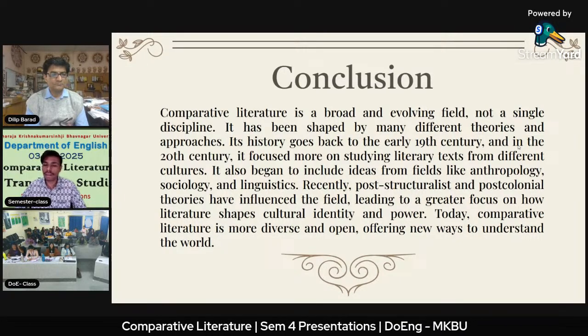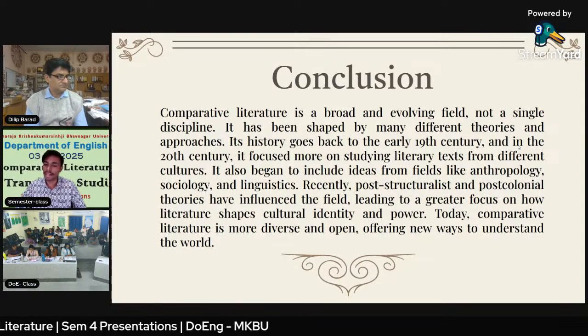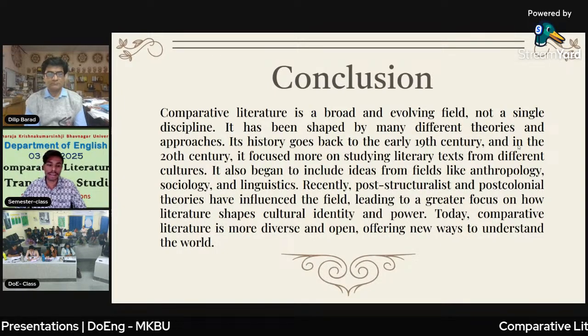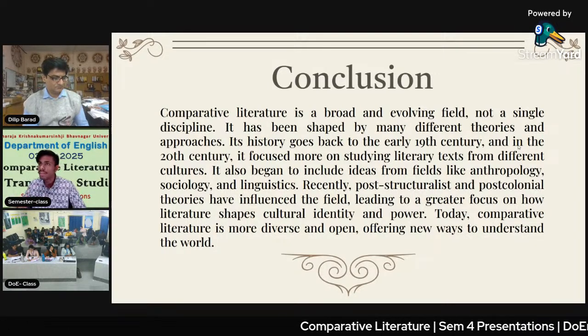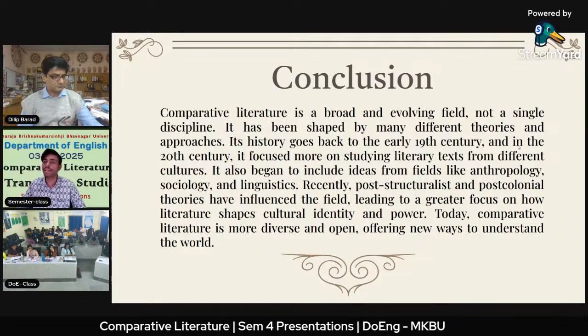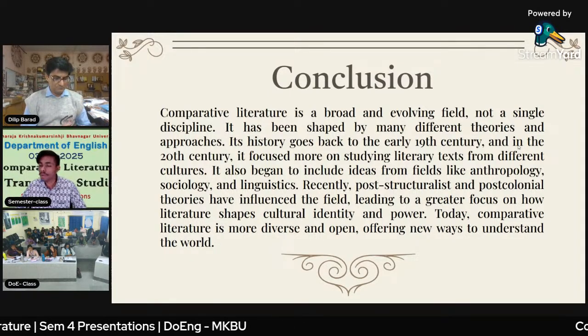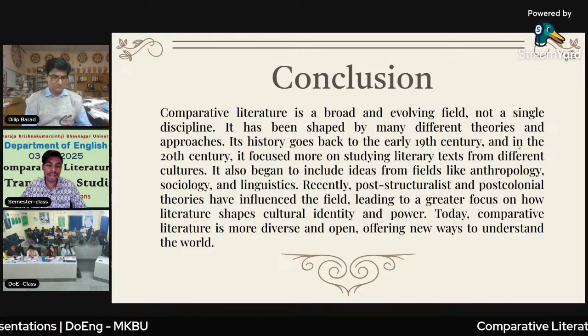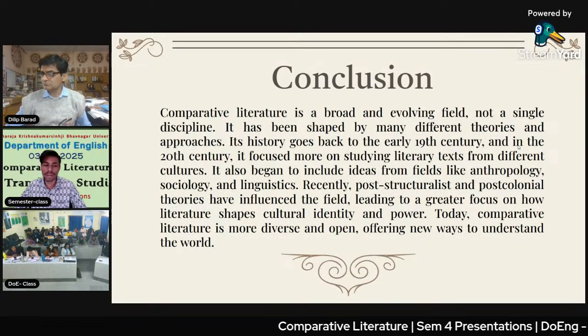Recently, post-structuralist and post-colonial theories have influenced the field, leading to a greater focus on how literature shapes cultural identity and power. So the thing is how cultural identity is provided in different countries, how literature shaped it in their time. In today's time, comparative literature is more diverse and open, offering a new way to understand the world.